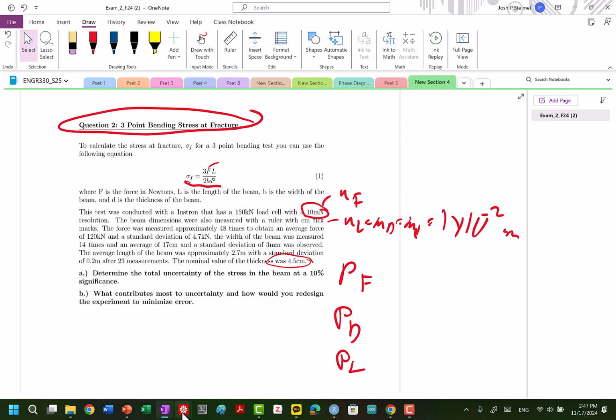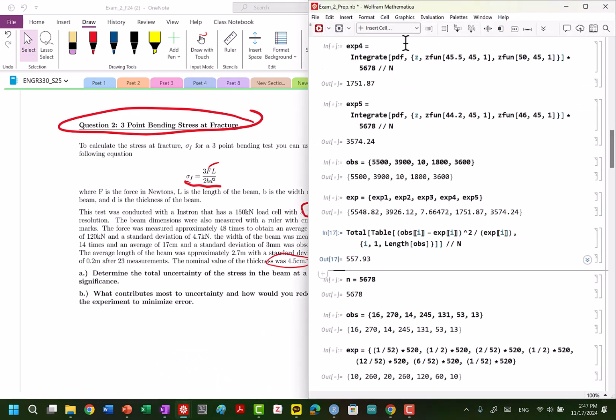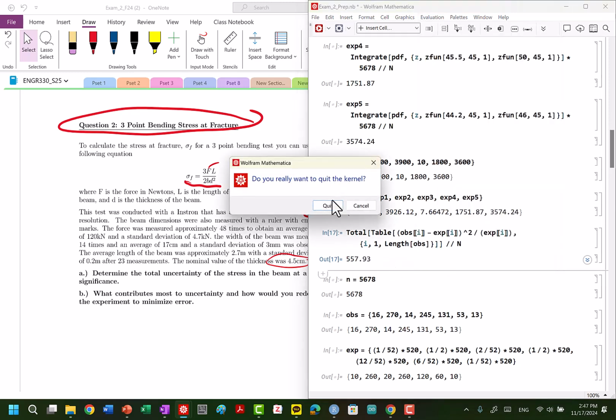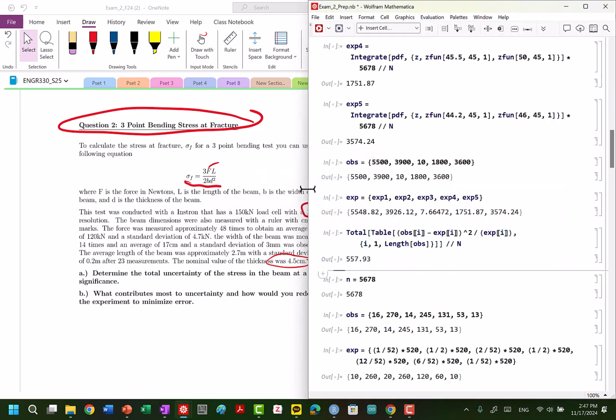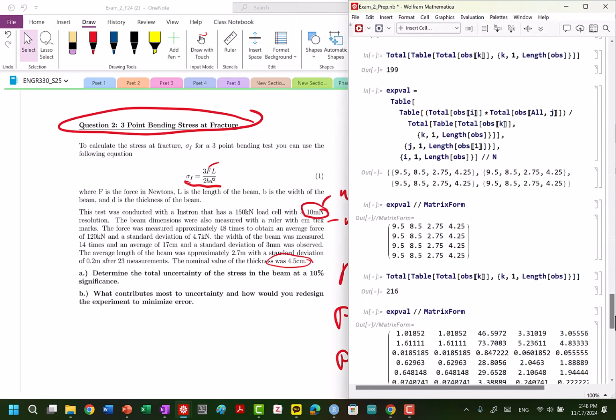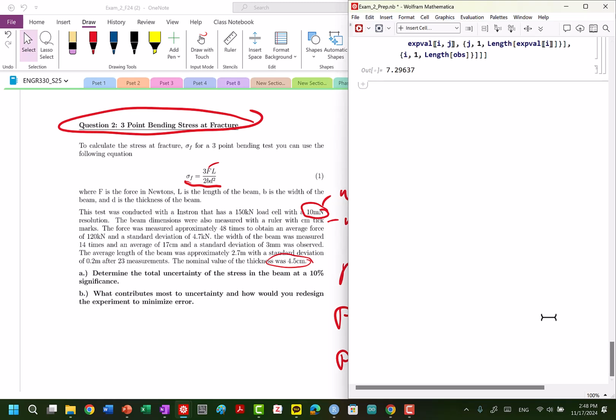We know the drill. So let's go ahead. We're going to clear our kernel. Let's go ahead and start to solve this problem. So we have some fundamental expressions. So sigma F equals 3 times F times L divided by 2 times B times D squared.